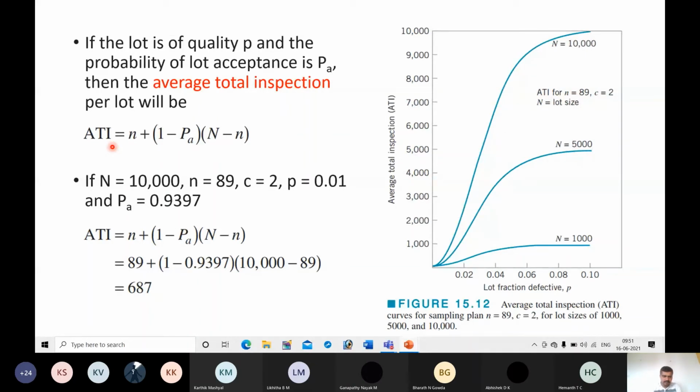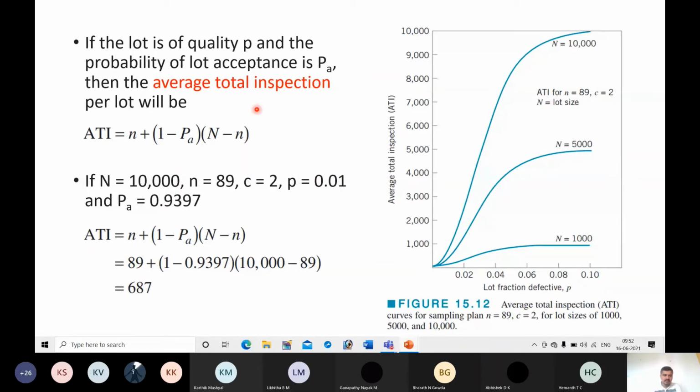For example, if the lot size is 10,000, sample size is 89, acceptance number is 2, fraction lot defective is 0.01, that is 1% defective, and probability of acceptance is 0.9397, then you can find the average total inspection.